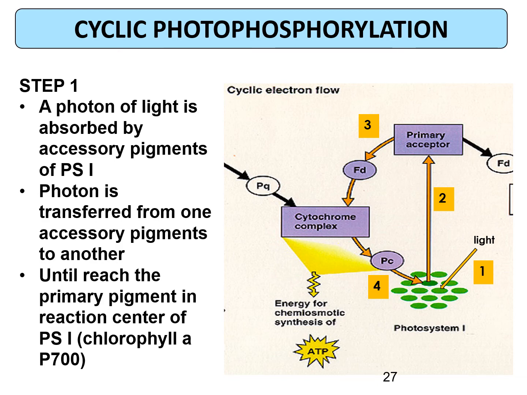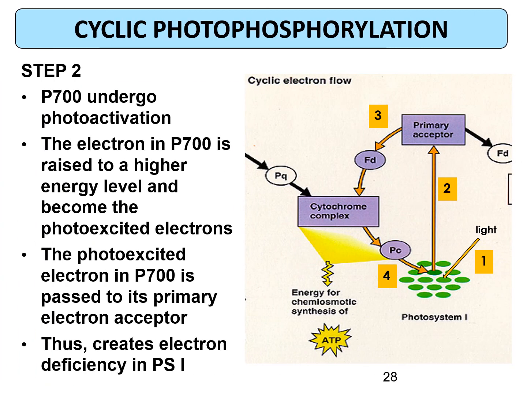The electron in the primary pigment will rise to a higher level of energy, which will be photoexcited. The electron will be excited to the primary electron acceptor and creates electron deficiency in P700.